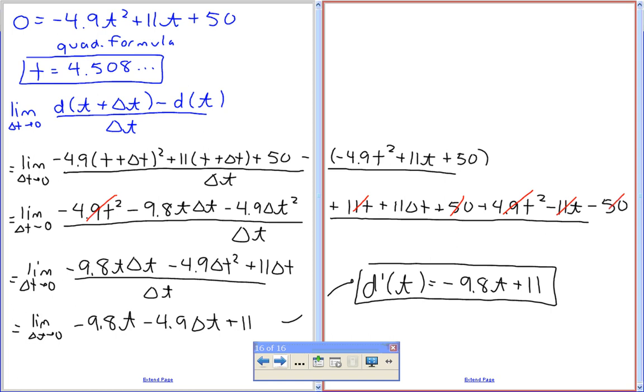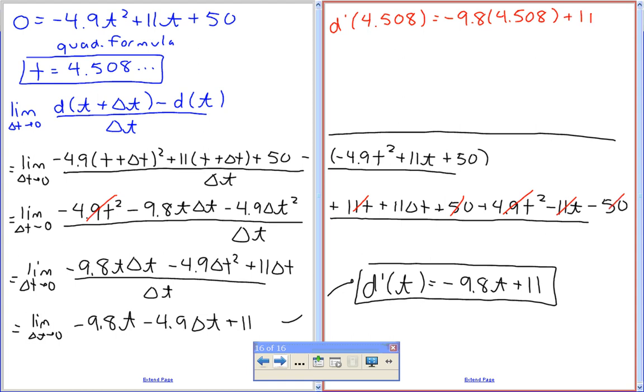How are we going? To finish it out, it's just going to be d prime of 4.508 equals negative 9.8 times 4.508 plus 11.